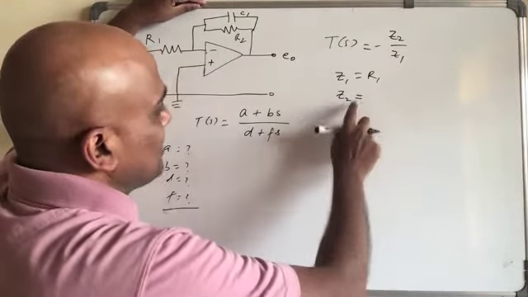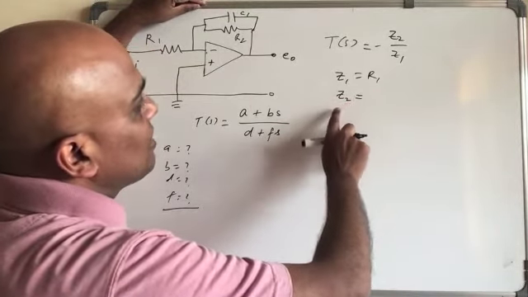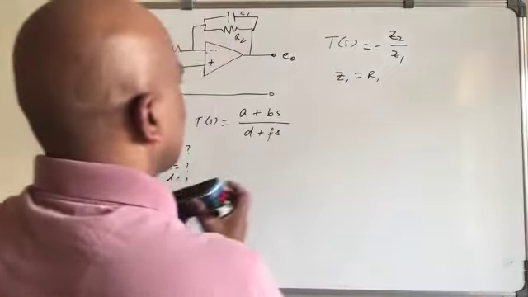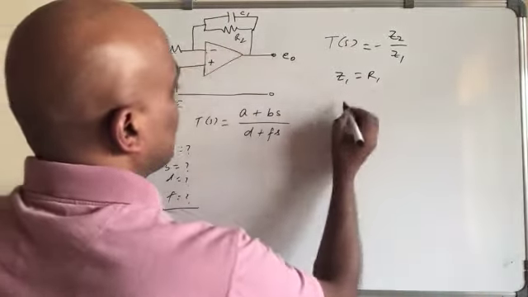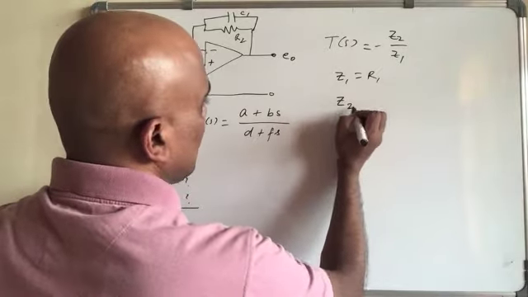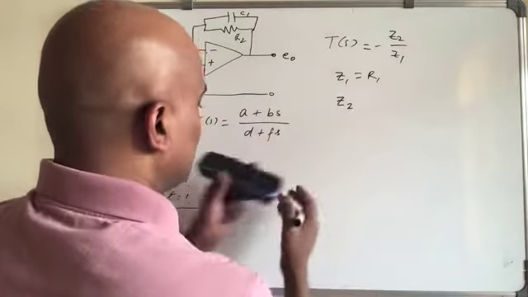So this Z2 will be equal to... this is the parallel configuration, hence if you remember, accordingly you have to do, right? So Z2 will have two components.